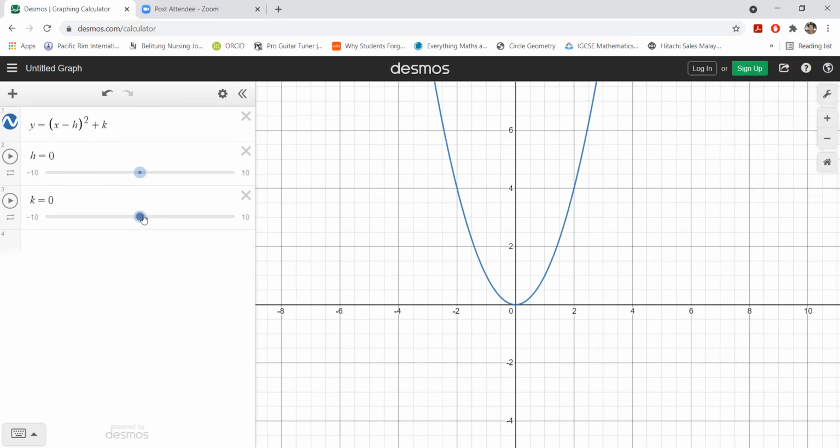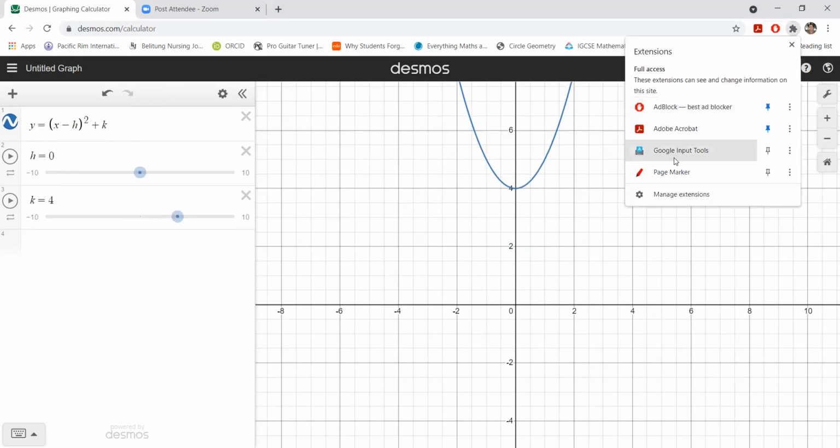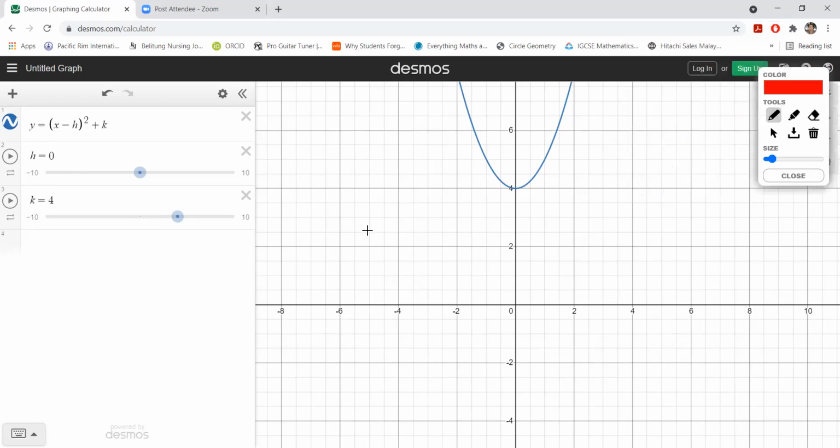Okay, so as we said, k will go up. So let's go up to 4. What would be the equation then? That would be, let's write the general form. Y equals x minus h squared plus k.